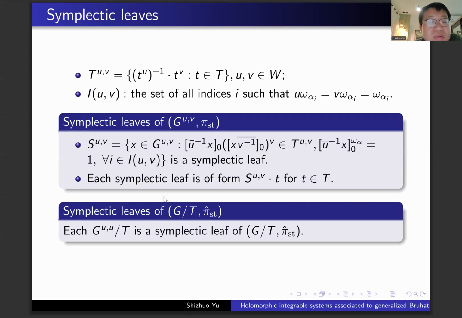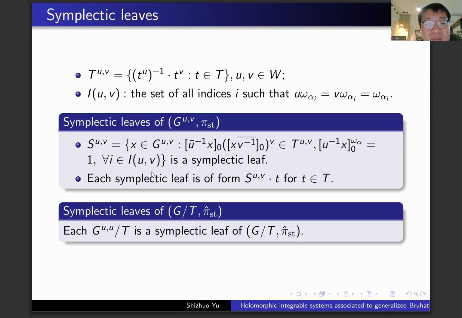And now we'll introduce the symplectic leaves of the standard Poisson structures of G. Here the symplectic leaves we will use is this SUV, and actually there are standard symplectic leaves here as well, defined in this way.